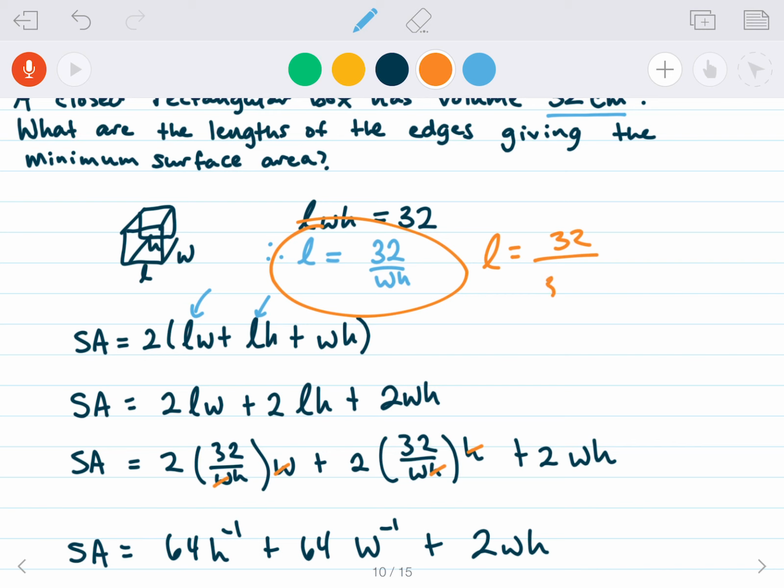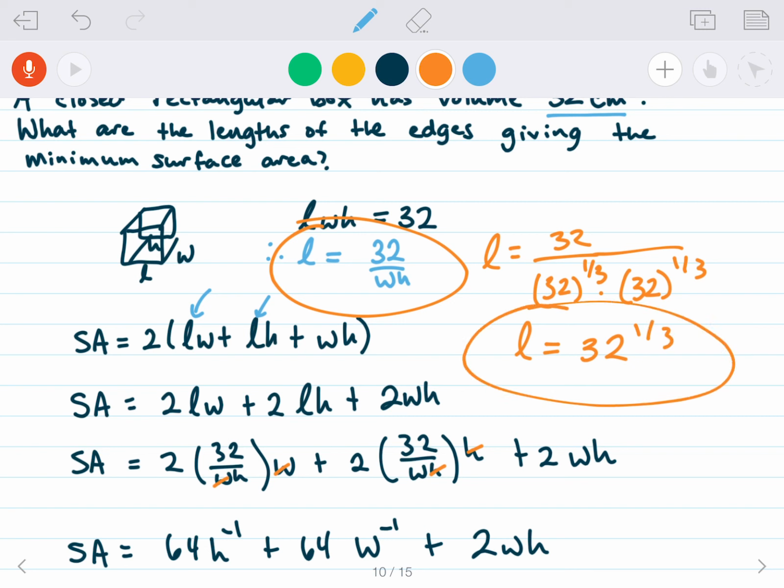Width we just found was 32 to the 1/3. Height we just found is 32 to the 1/3. If we simplify all of this, we get length is also equal to 32 to the 1/3. So length, width, and height are all going to equal 32 raised to the 1/3 centimeters in order to minimize the surface area.